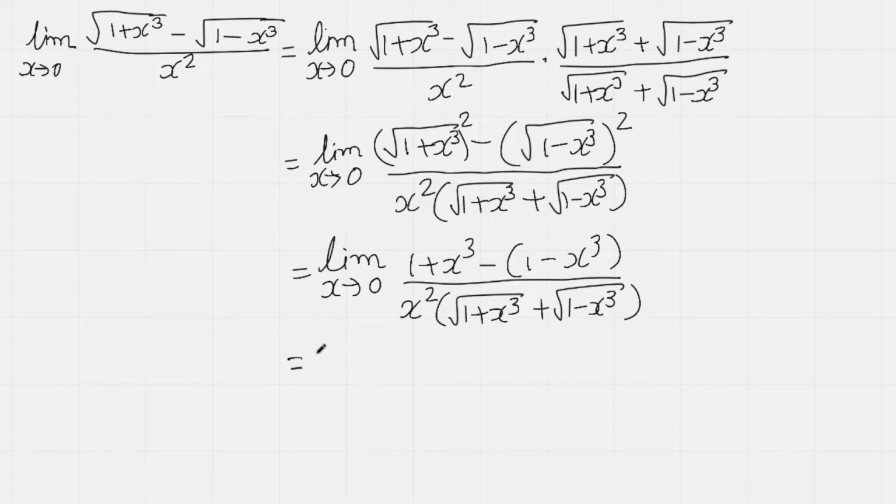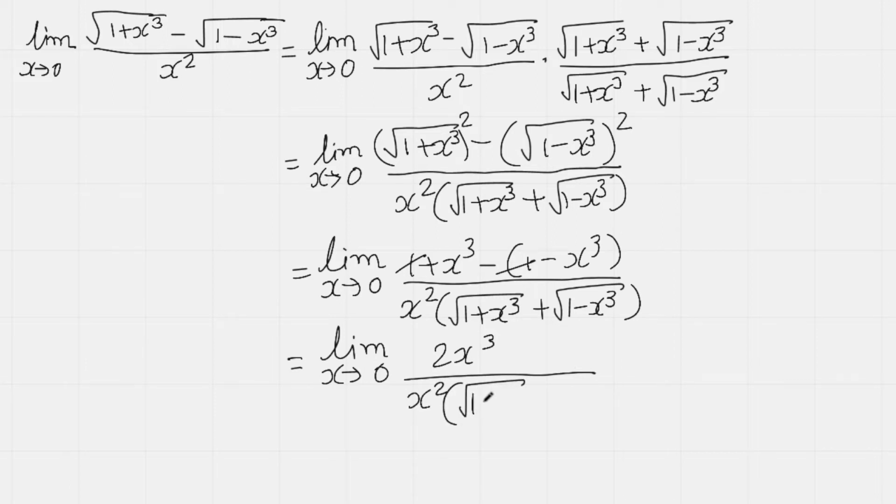Okay, so this is equal to limit x approaches 0. Now 1 and negative 1 get cancelled, and x cube minus negative x cube will be x cube plus x cube. So this is equal to 2x cube, whole divided by x square into bracket square root of 1 plus x cube plus square root of 1 minus x cube.